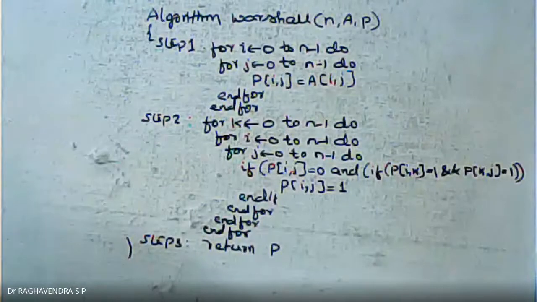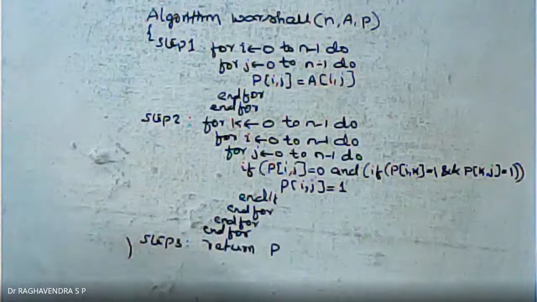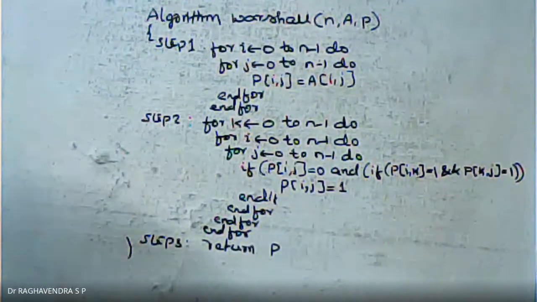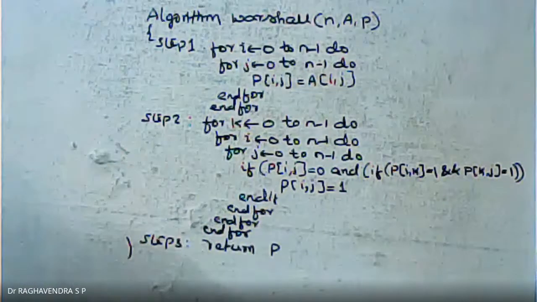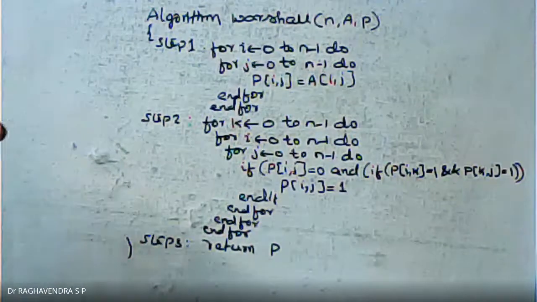P of I is equal to 1. Tell me. Say it loudly. Which one? P of ij equals to 1.